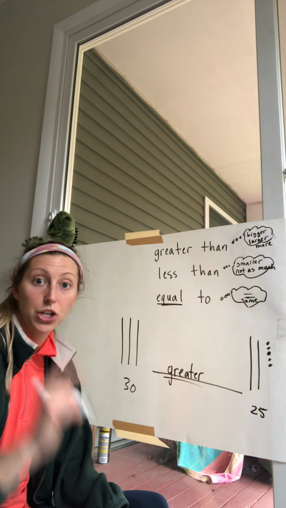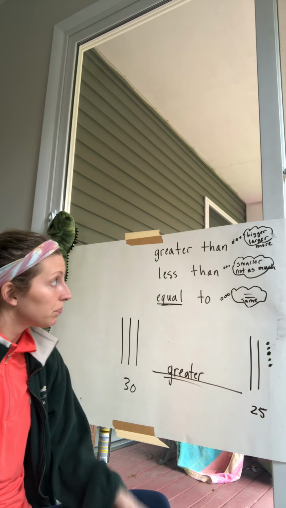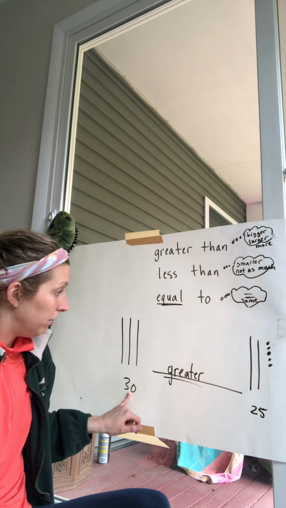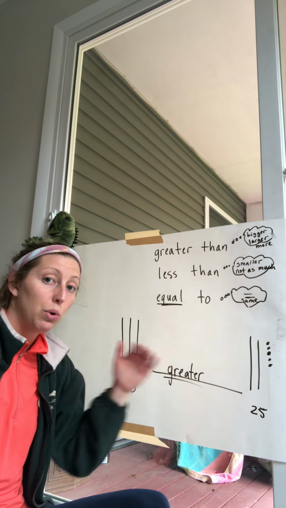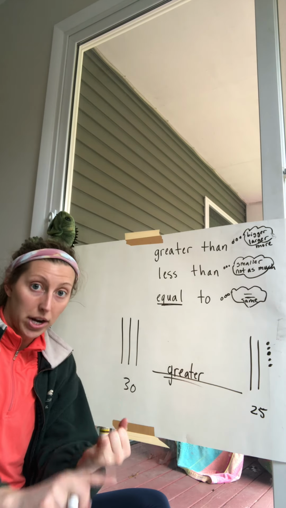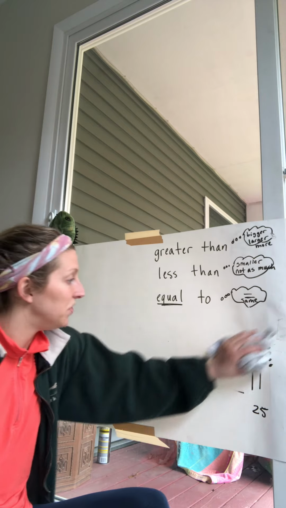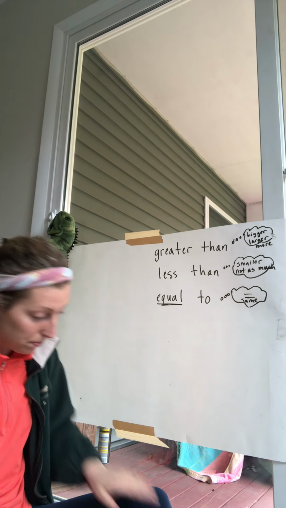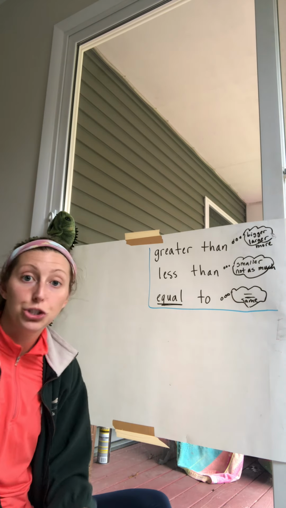All right, here's your job. Miss White is going to put up a few of either the quick tens or just numbers, and I want you to figure out what phrase goes in it: greater than, less than, or equal to. I'm just gonna erase this last one we've done. I'm going to actually keep this up so you can look at it when you're doing this.